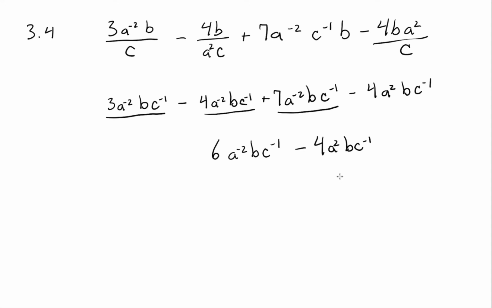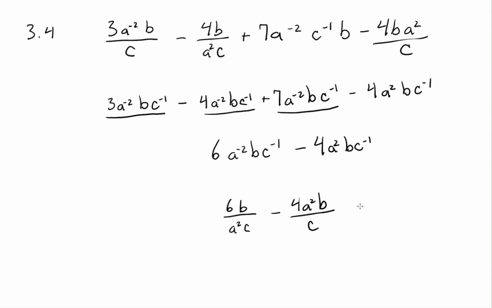Now our instructions say, please write all of the exponents as positive. So all we have to do is flip them down to the bottom. So this becomes 6b over a squared c minus 4a squared b over c.